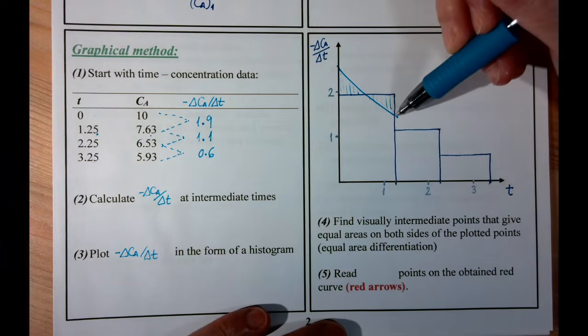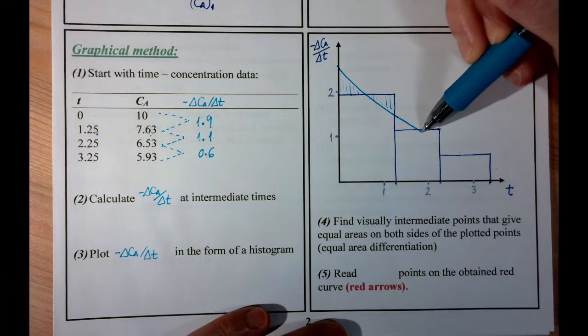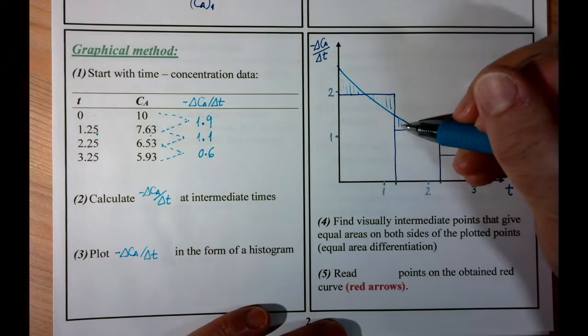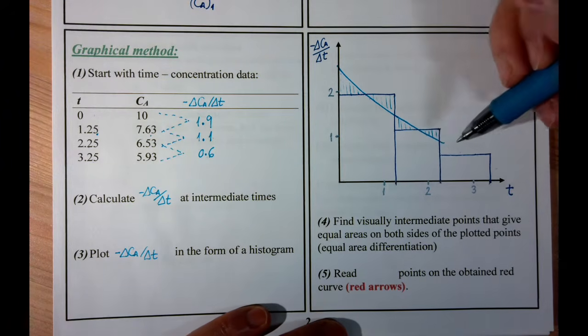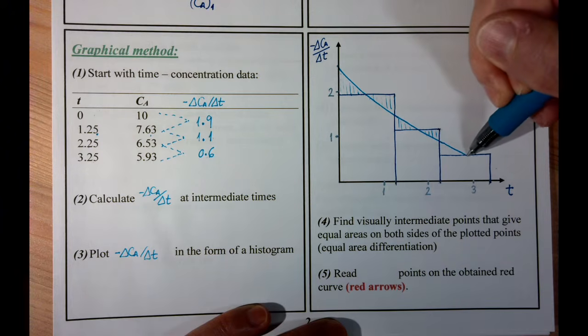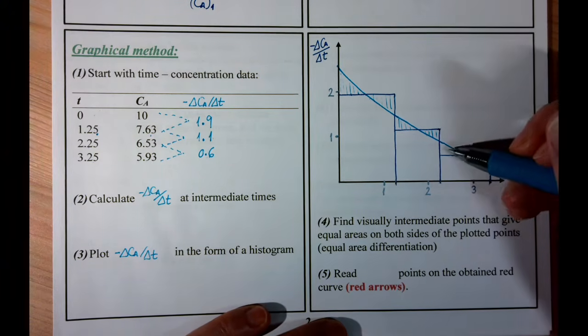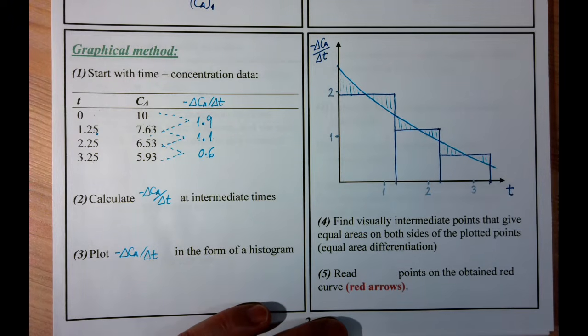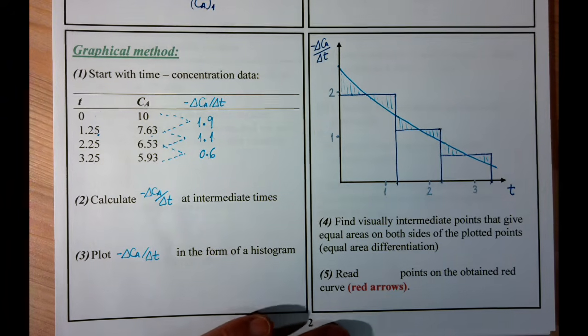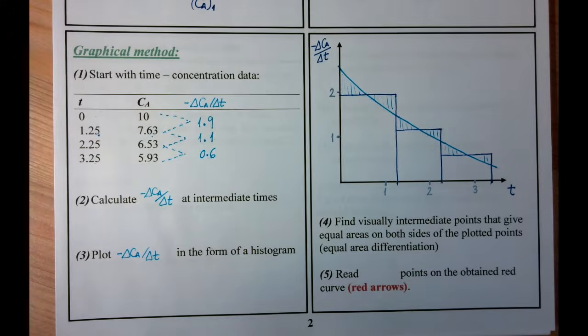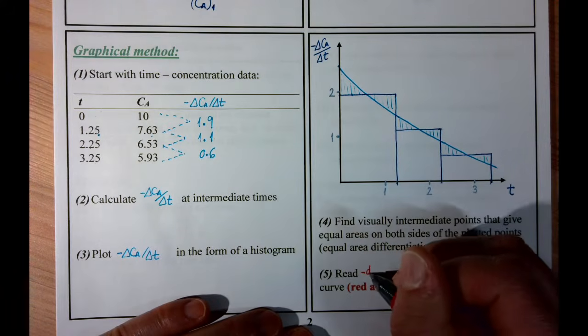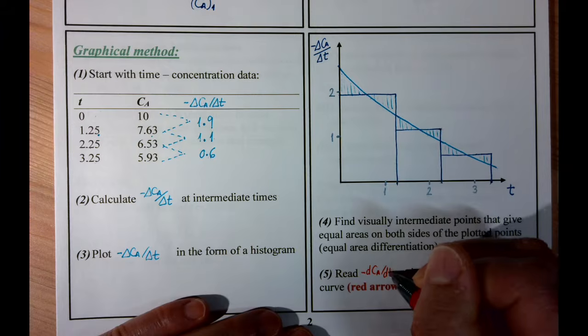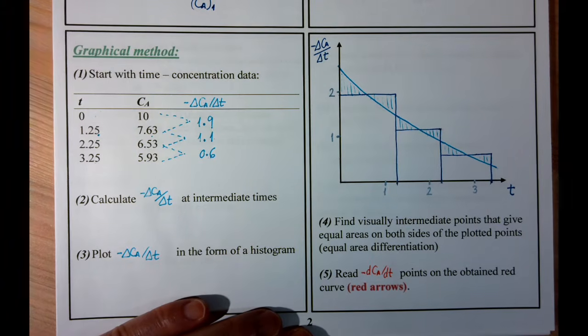And then you continue and find one where this area is the same as this area, and from here, this area is equal to this area. Once you've determined that line, from it you can read the negative dCA dt points on the obtained red curve.